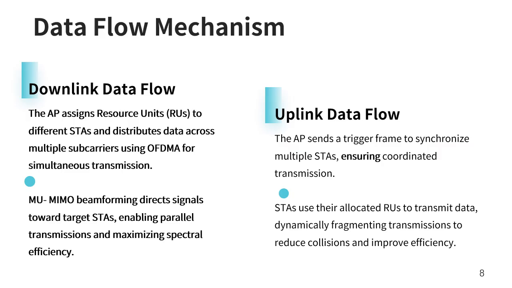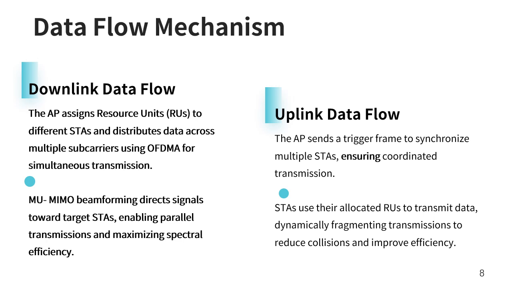Next is the Wi-Fi architecture data flow mechanism. Let's analyze its downlink and uplink mechanisms. Firstly, in the downlink transmission, the AP uses OFDMA to allocate resource units to different STAs. Data is transmitted simultaneously across multiple subcarriers.